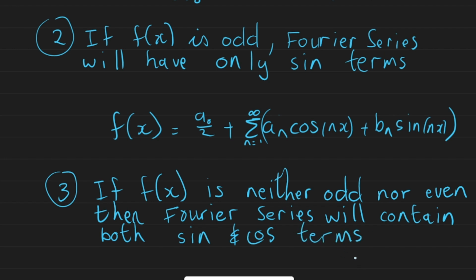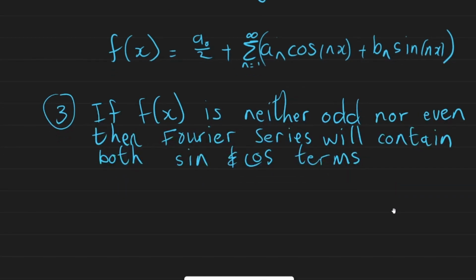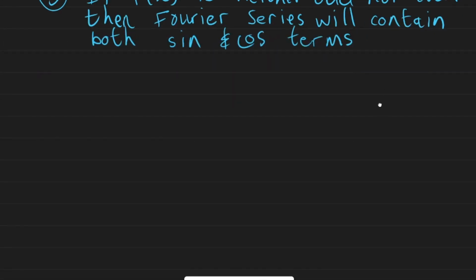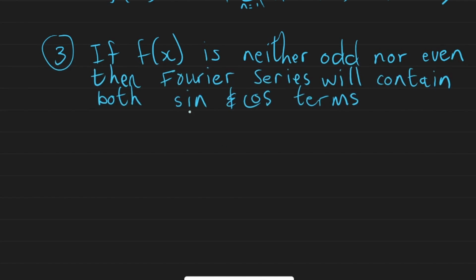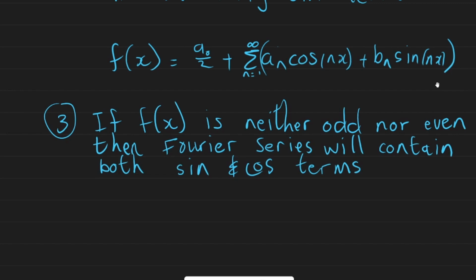These three facts are the most important things to remember about even and odd functions. So if we see that f of x is neither odd nor even, then we have to find both an and bn because they will be cos and sine terms.